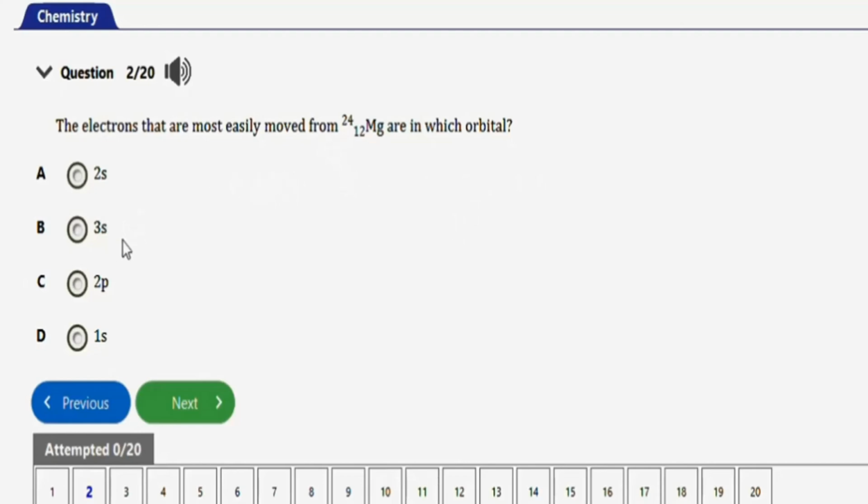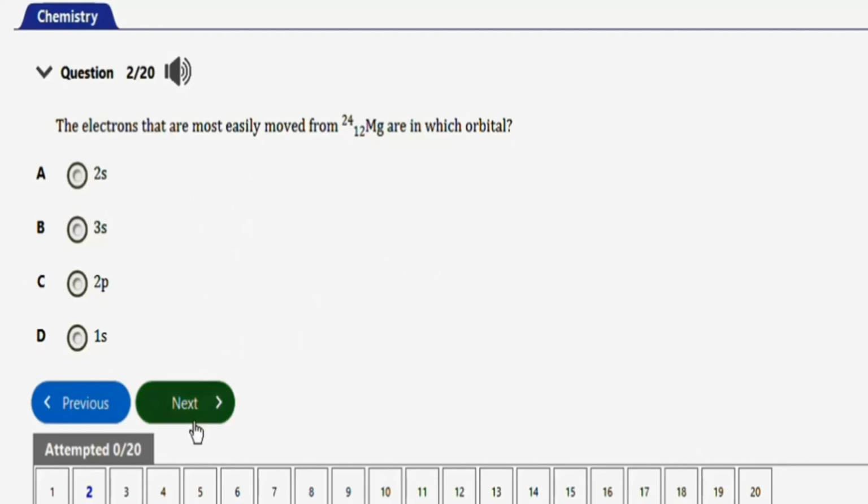So it will be in the 3s orbital. Option B is the right option. In this 3s orbital the number of electrons is 2, and those 2 electrons are the ones that are removed. So it's in the 3s orbital.